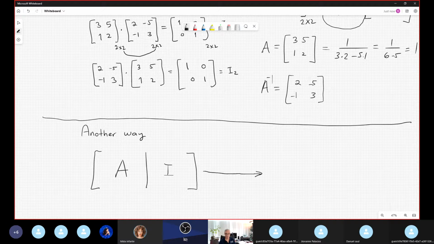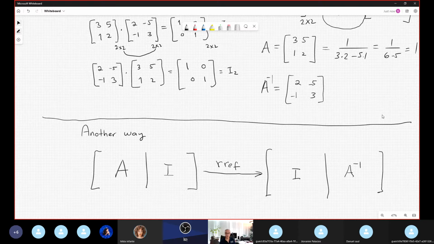And you apply the reduced row echelon form. You know how to compute it in the computer, right? And when you do this, magically the identity matrix swaps here. In this right-hand side we have the inverse matrix.